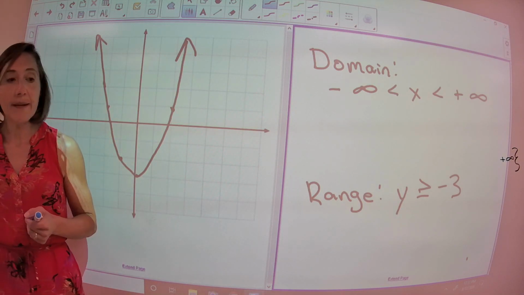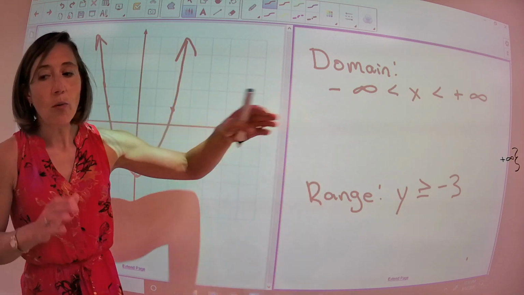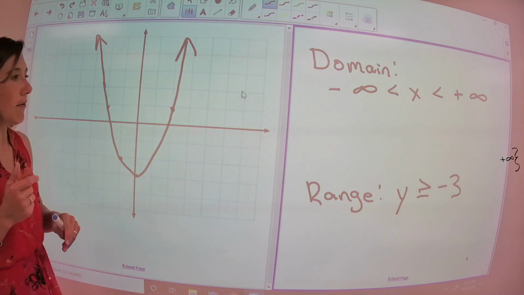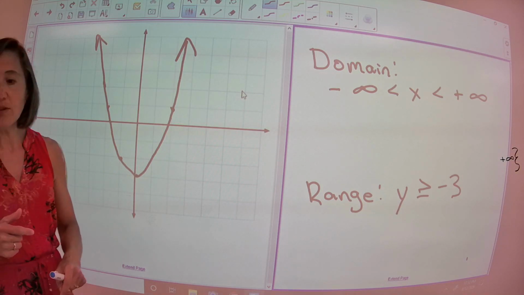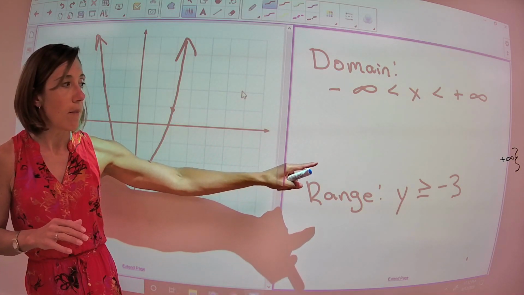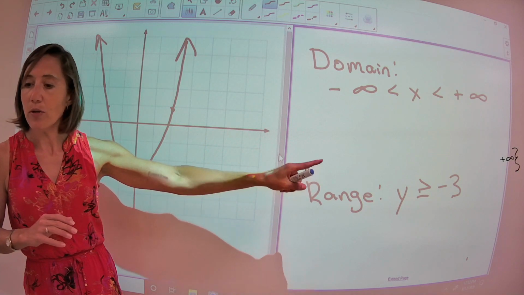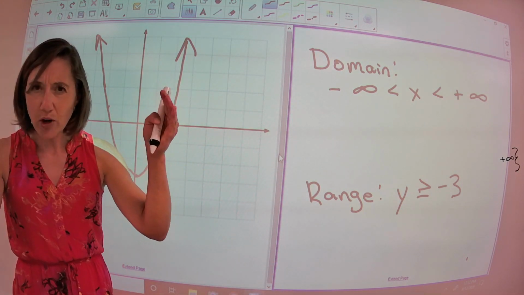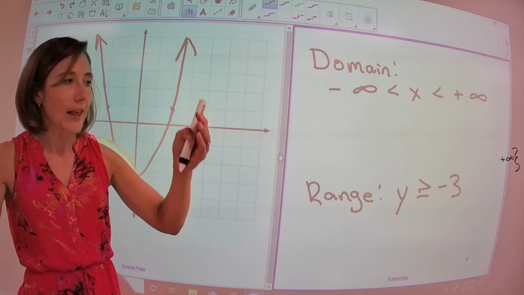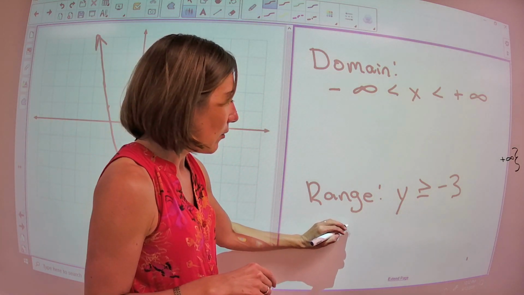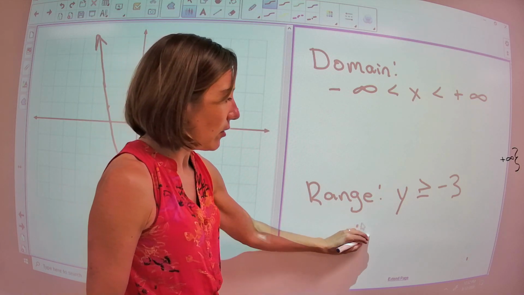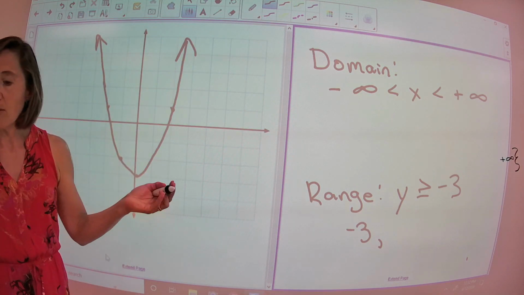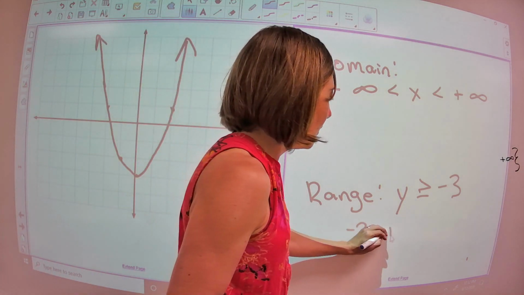On our parabola example here, our domain was going from negative infinity to positive infinity, so that's the same. I'm not going to rewrite that part, but our range was different here. Our range here is that y is greater than or equal to -3. So for our interval notation, remember that's the short version, just tell me the low, tell me the high. So we are going to go a low value of -3, and a high value, well, it goes on forever, so that would be positive infinity.